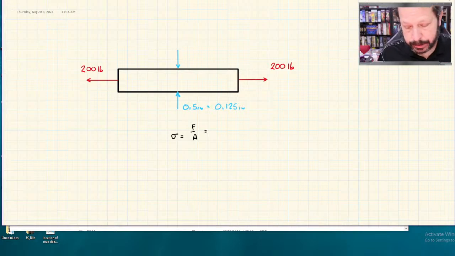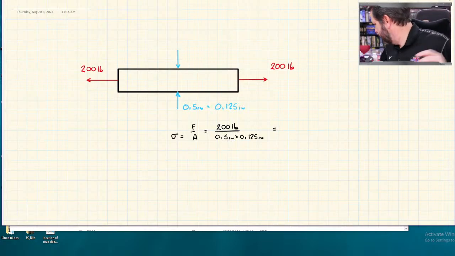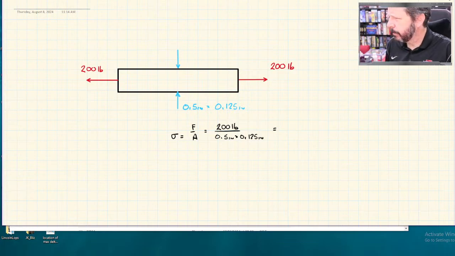Our internal force here would be 200 pounds, and our cross-sectional area would be 0.5 inches times 0.125 inches, and that's some number. Let me get my calculator out.